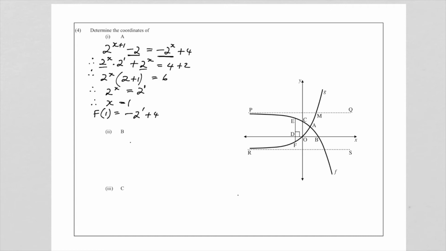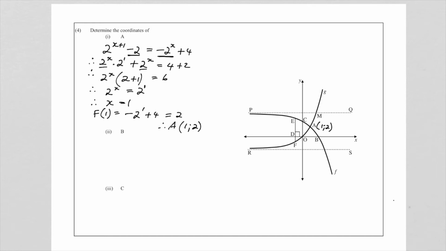And the answer will be 2. So that means now that the coordinates of A will be x equal to 1 and y equal to 2. So that is the point (1, 2). So we can put this on our drawing. Point (1, 2) is that point A that we have.